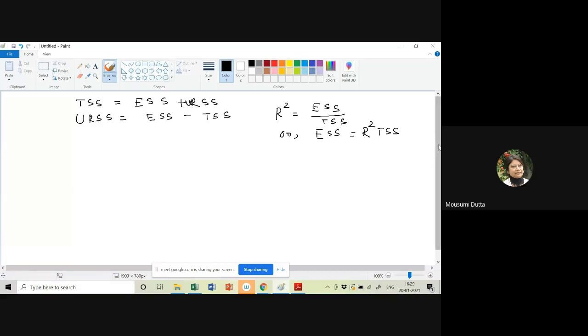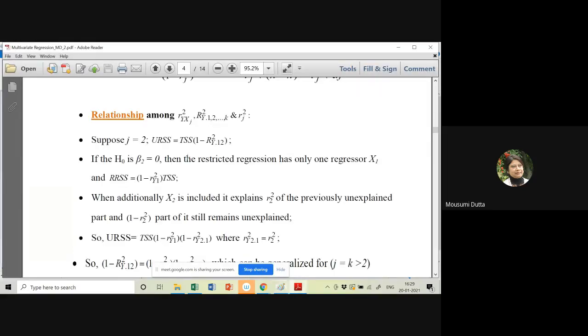Now let me go back to my slide. So how am I writing this? RSS is equal to TSS minus TSS into R square.